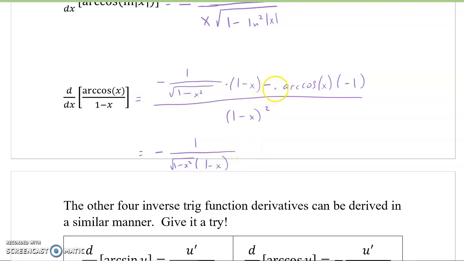Okay, and then double negative here, I'll change that to a positive, and we can put the arc cosine of x in the numerator, and then our denominator doesn't reduce, so it's the original 1 minus x squared that we had here. So yeah, I think that's about all we can do with that.